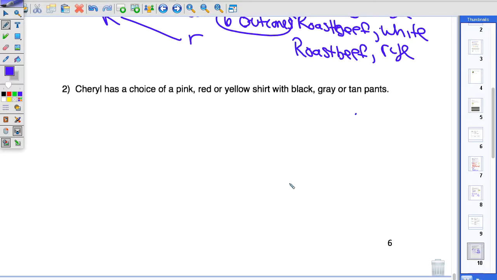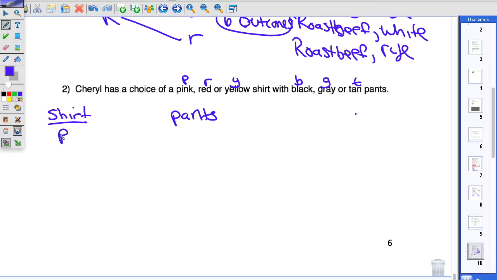Number 2, Cheryl has a choice of a pink, red, or yellow shirt with black, gray, or tan pants. So we start with our shirt, and then we're going to branch off our pants. Let's use P for pink, R for red, Y for yellow, B for black, G for gray, and T for tan. So we start with our shirts.